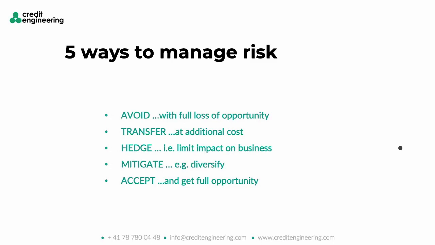We can hedge risk, which in the case of trade credit means we can create a kind of bad debt provision or potential credit losses. We can transfer risk to a third party at an additional cost, and we can mitigate. Personally, I don't believe in mitigation in terms of credit risk, like all these reservation of title and everything.